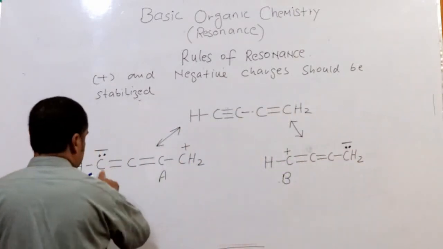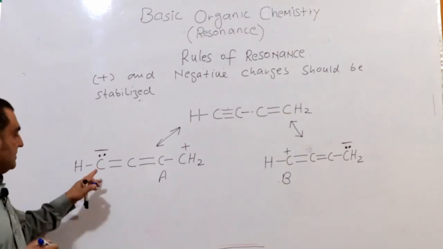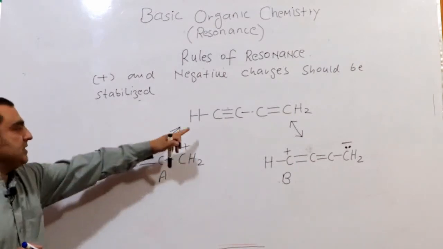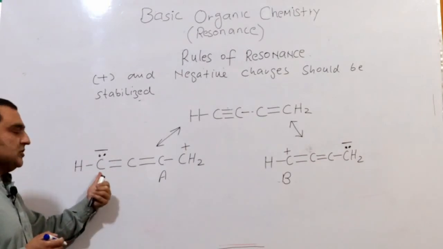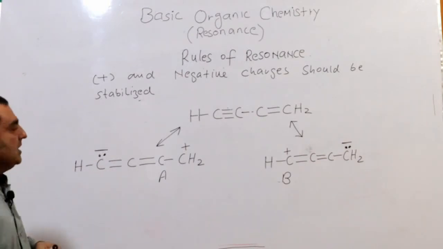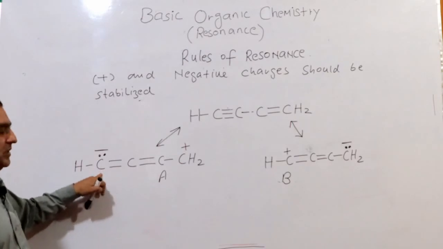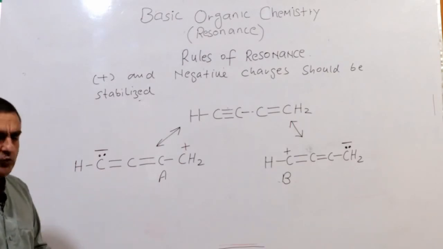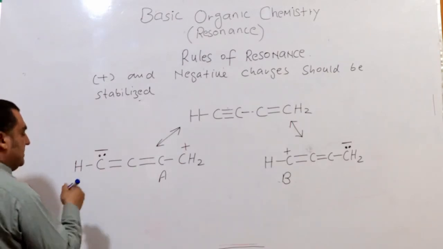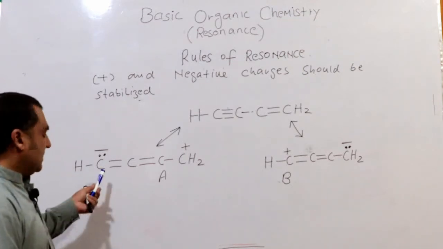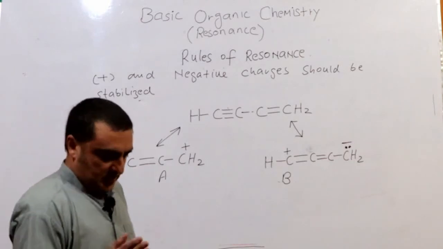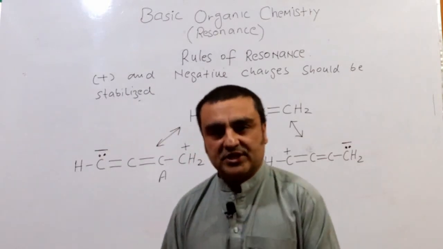So this is an sp carbon. It was an sp carbon, and when an electron sits on it, what happens? It becomes sp2. Now this is an sp2 carbon. If you have problems understanding those things, you need to study the video series on hybridization.